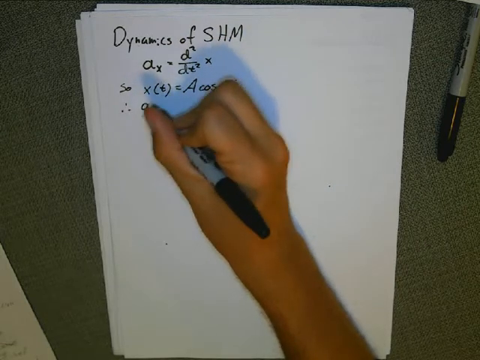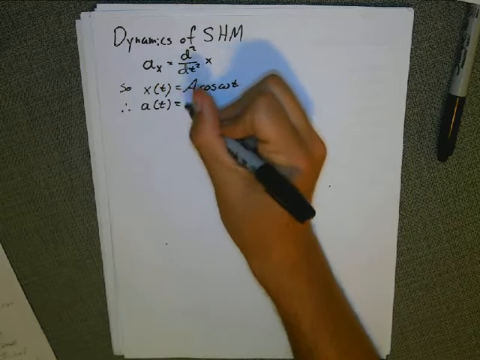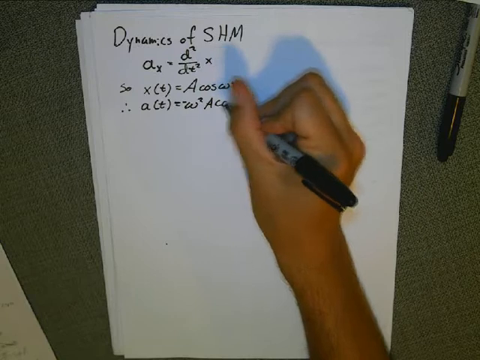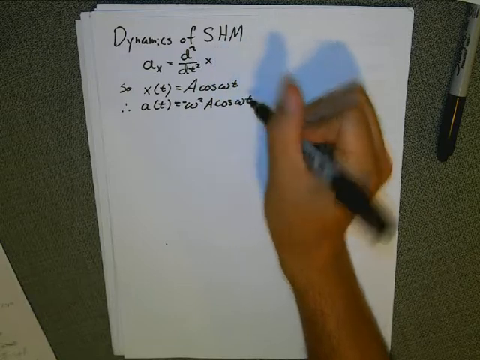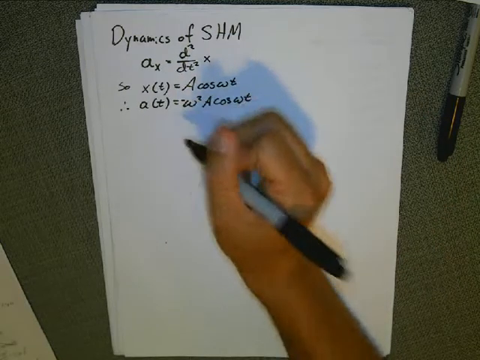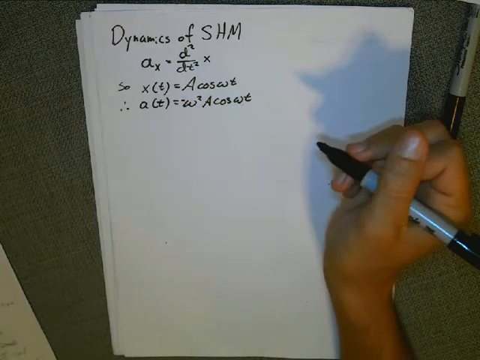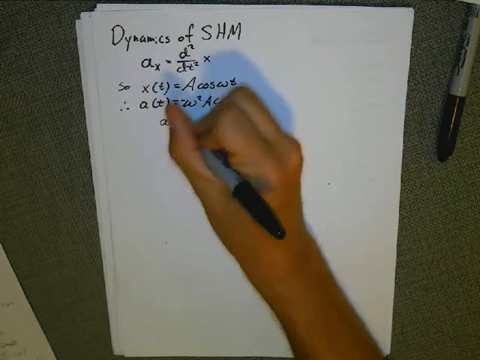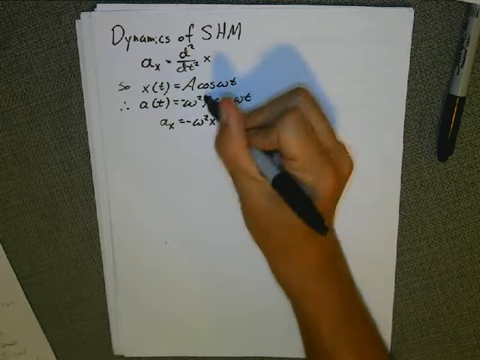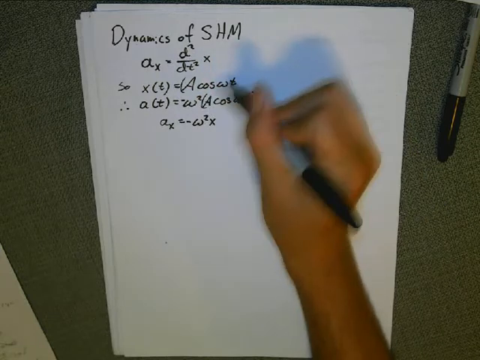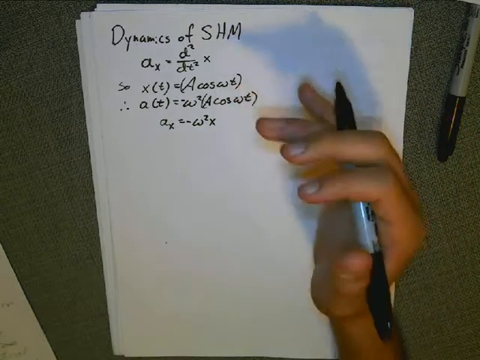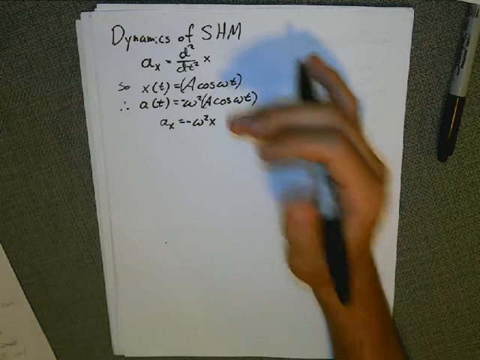Therefore, a of t is equal to negative omega squared A cosine omega t. So we can simplify that really easily to say that a_x is equal to negative omega squared x, because if you notice, this term and this term are exactly the same. And that's what's so interesting and so useful about cosine and sine functions.